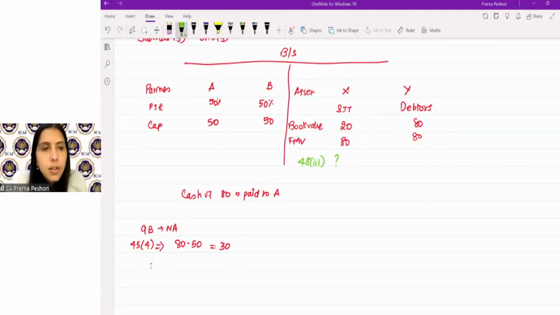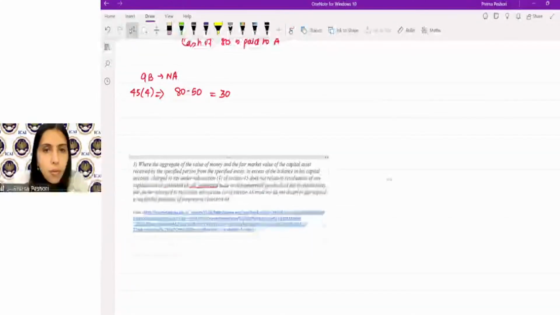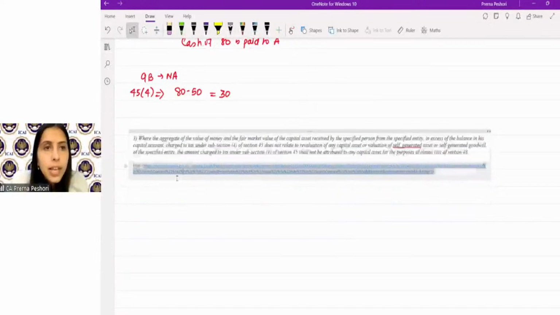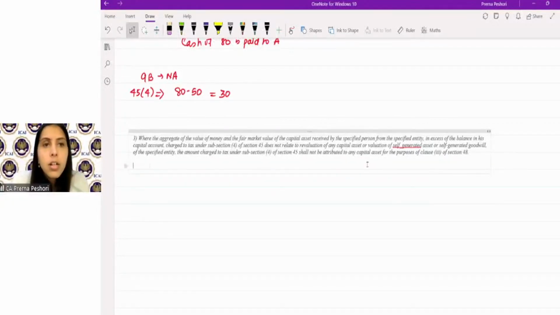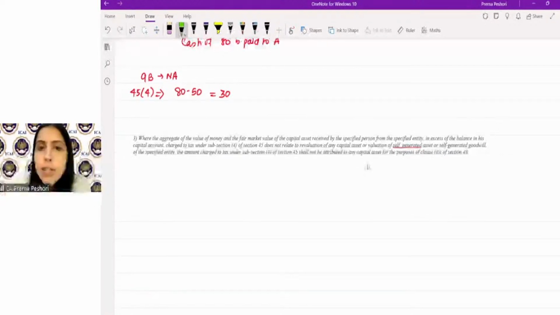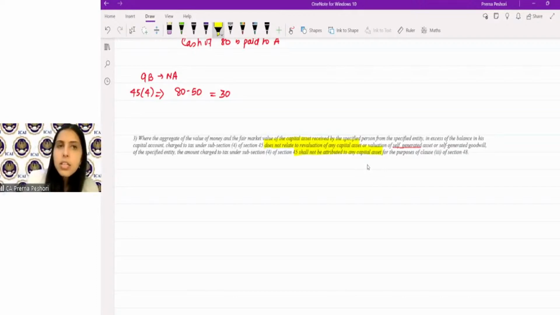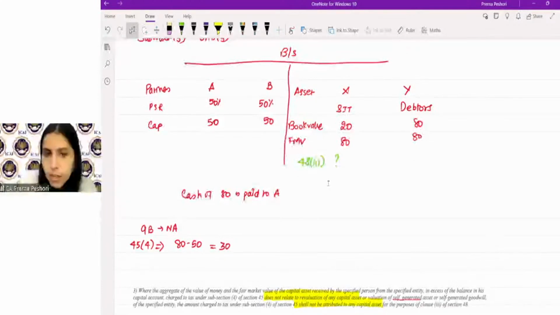Rule 3 says where the aggregate of value of money and the fair market value of capital asset received by the specified person from the specified entity in excess of the balance in his capital account charged to tax under 45(4) does not relate to the revaluation of any capital asset or valuation of self-generated asset or goodwill, the amount charged to tax under 45(4) shall not be attributed to any capital asset for the purposes of 48(3). So where the amount charged under 45(4) is not relating to revaluation of any capital asset.